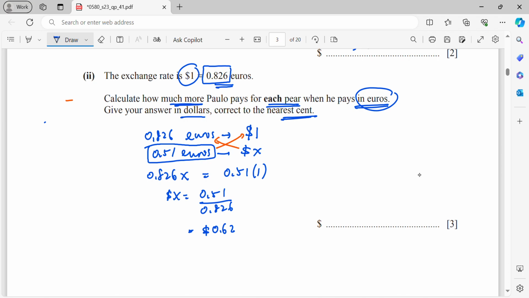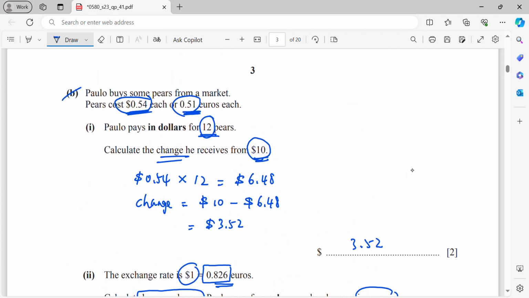So now you need to find out what the difference is, because the question says how much more Paulo needs to pay. So the difference is basically 62 cents minus the original price, which is 54 cents.